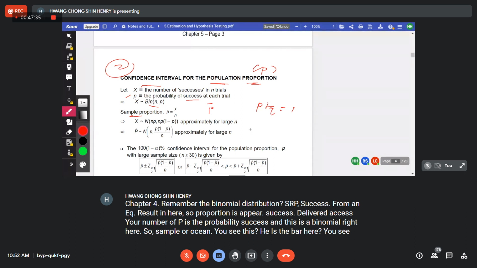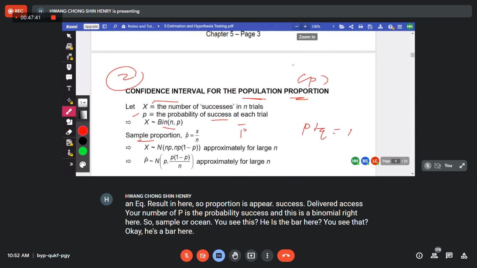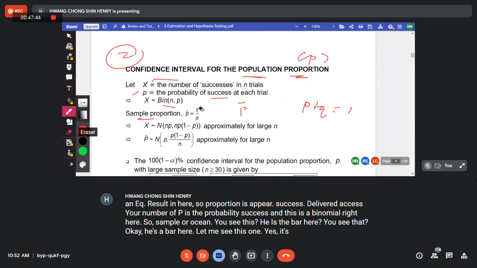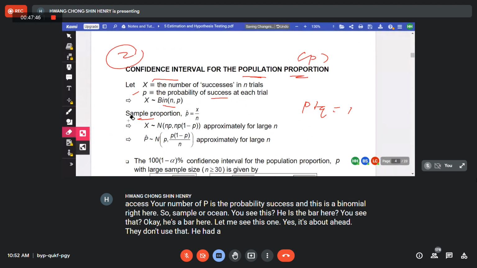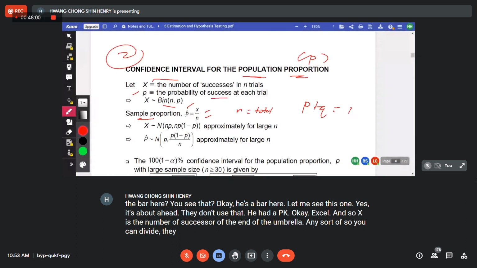It's a P hat, right? X over N. So X is the number of successes out of the N total sample. N is your total sample, so you can divide and get the proportion.